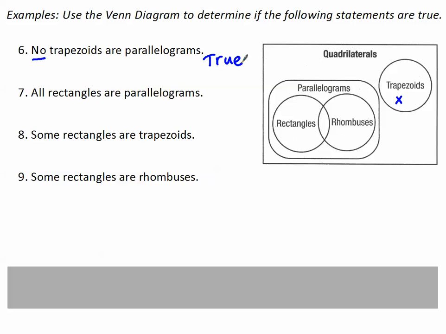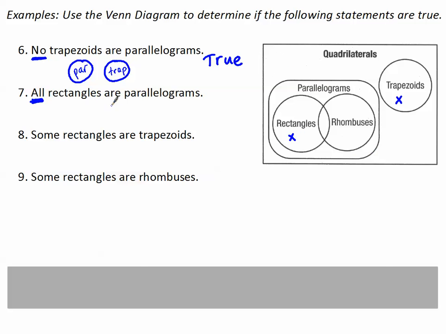A nice trick to think about when you're looking for a no statement is that the two bubbles will not overlap each other. You have the trapezoid bubble that's totally separate from the parallelogram bubble. They're separate from each other, so no parallelograms are trapezoids and no trapezoids are parallelograms. Let's look at another one. All rectangles are parallelograms. Anywhere I put a mark in the rectangle group, it will have to also be in the parallelogram group.